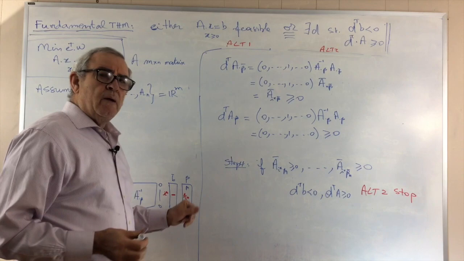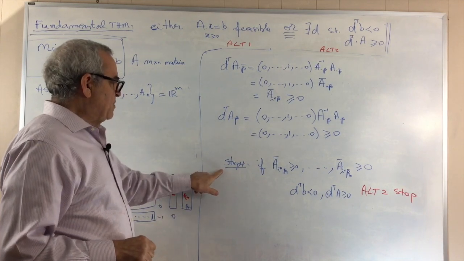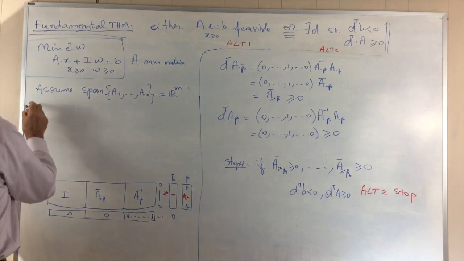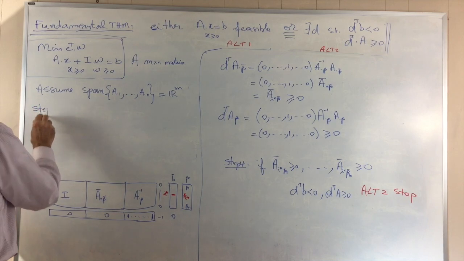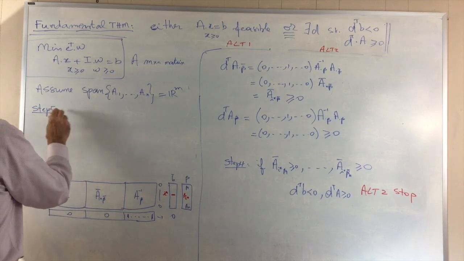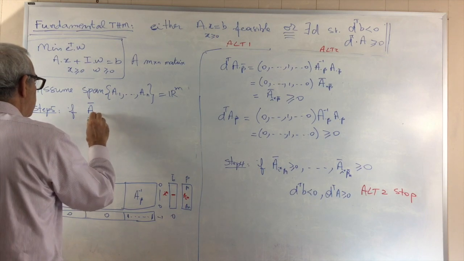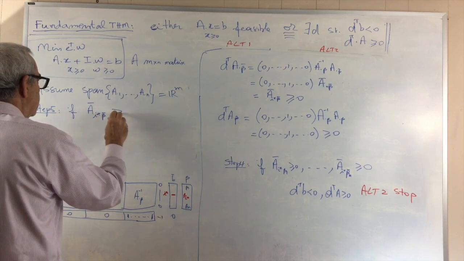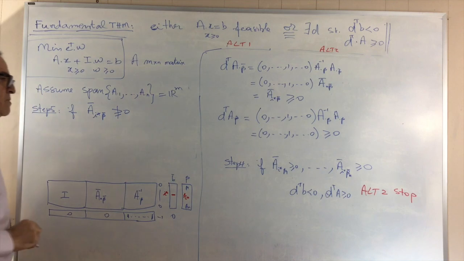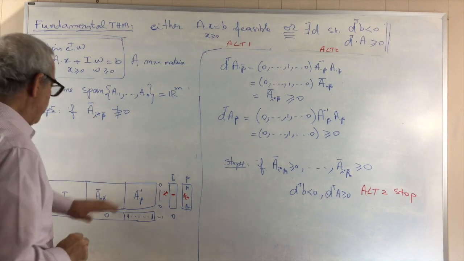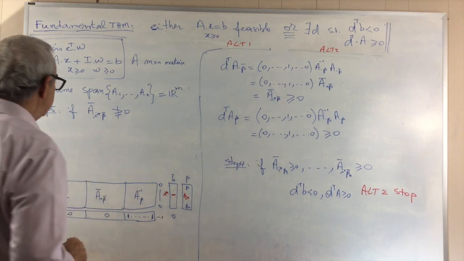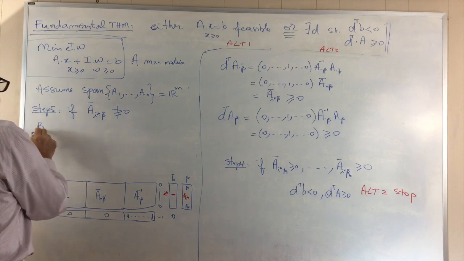So now let's do the opposite case. Step 5: if A bar of I star beta bar is not greater or equal to 0, so we have some negative number in this row, then we use the Bland rule.